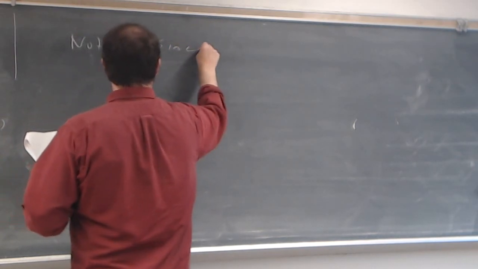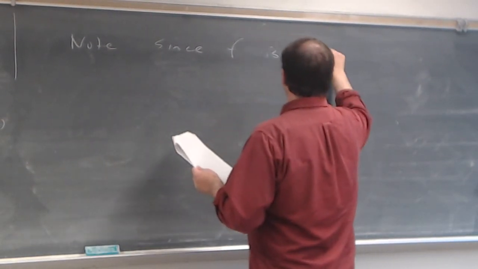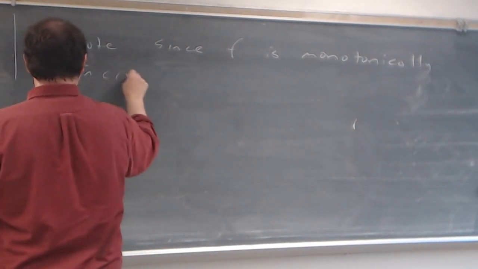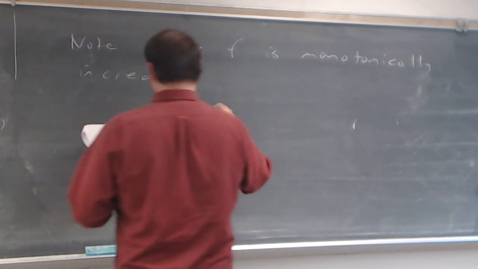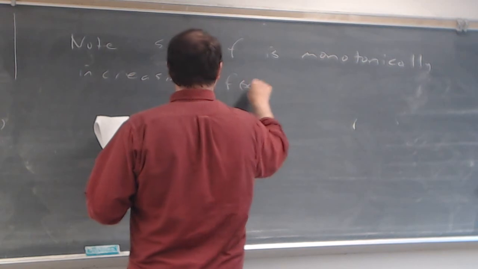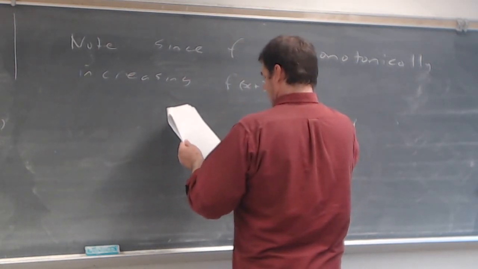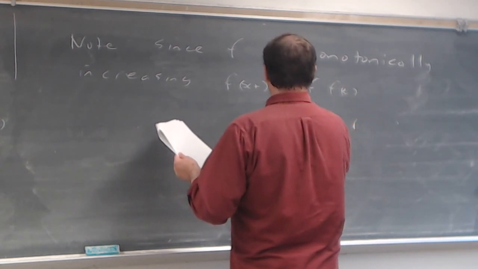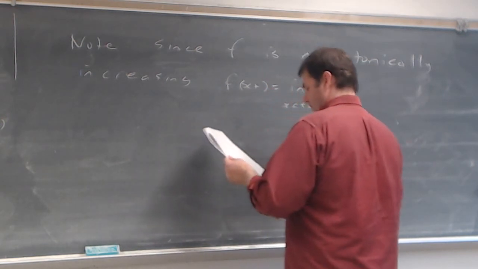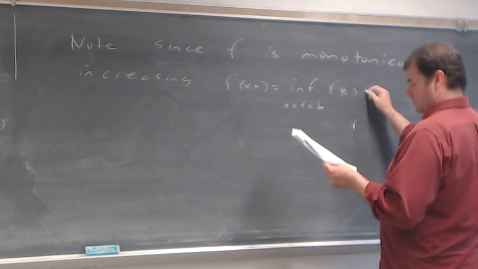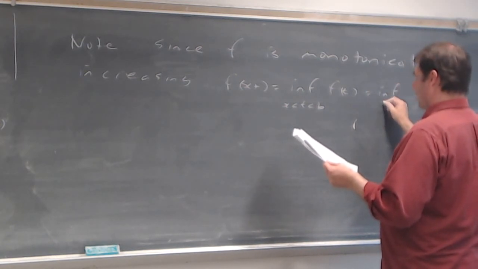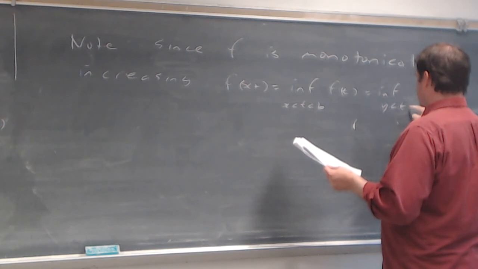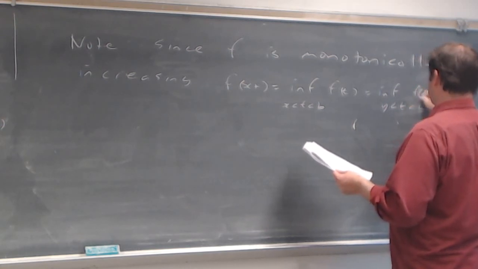So note, since f is monotonically increasing, f of x plus, which equals the infimum of all the f of t's over t's bigger than x and less than b, is equal to the infimum over all the t's that are bigger than y, but yet less than b, of f of t.